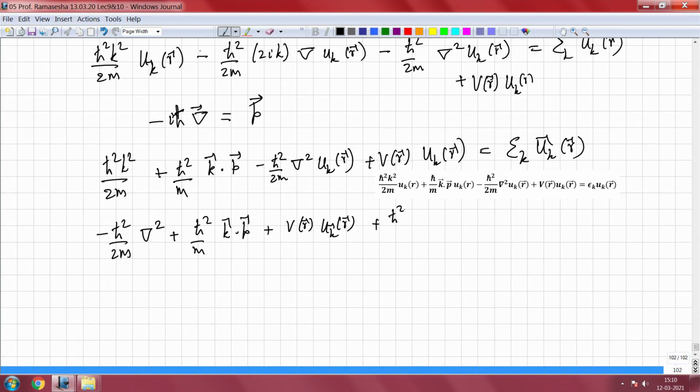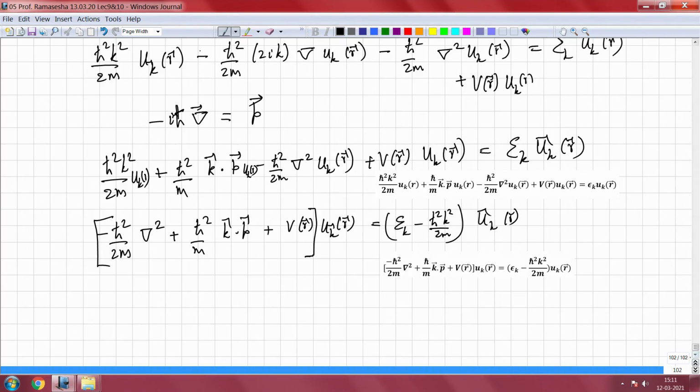I have a u k of r here and a u k of r here, so I can take the h cross squared k squared by 2m onto the other side, giving E k minus h cross squared k squared by 2m times u k of r. This is the Schrodinger equation that I will get for u k of r. It is quite simple, it is just substitution and some algebraic manipulation.